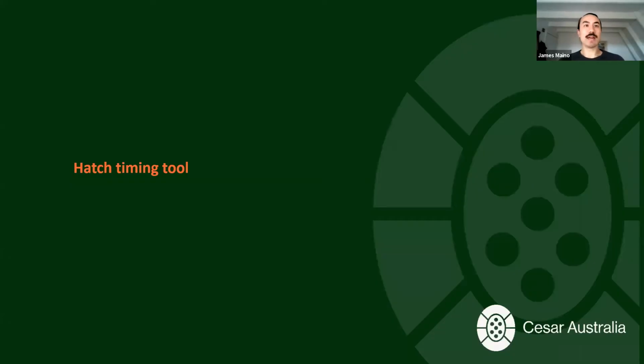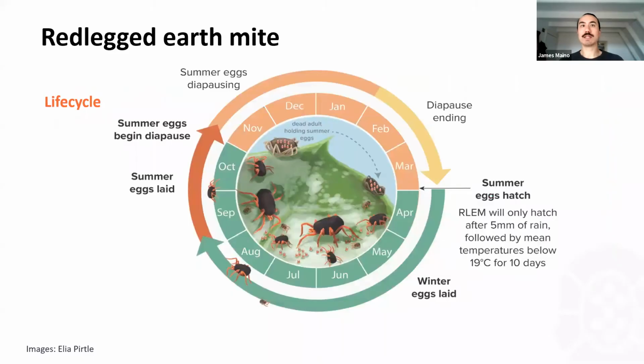So we'll start with the hatch timing tool, and I guess a little bit of background. Hopefully we're all familiar with the red-legged earth mite life cycle. They're active during that winter period and into spring, and over the summer they go into a hibernation phase called diapause.